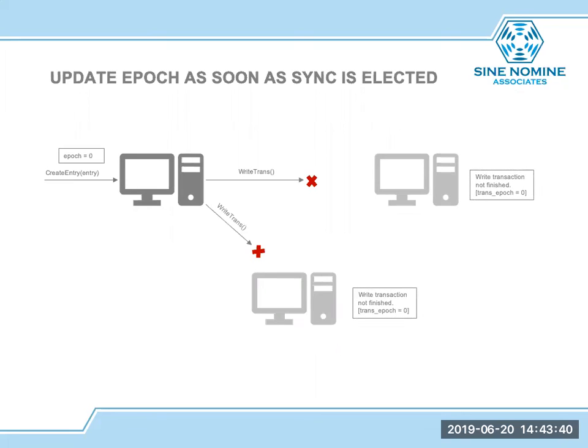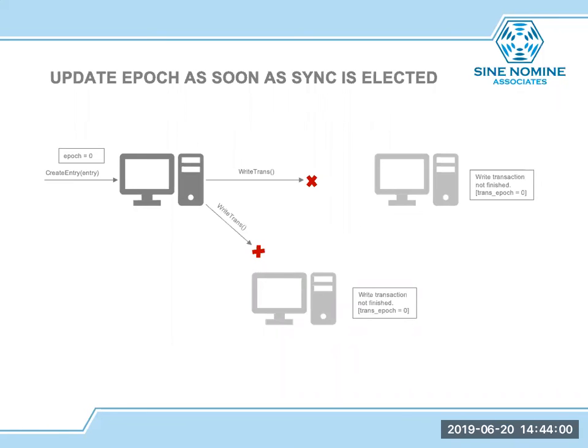Of course, the epoch of this transaction is going to be equal to 0 because this site was selected Sine site for the first time and didn't have the chance to finish this write transaction and update the epoch. So we have a write transaction here that did not finish with an epoch equal to 0, and a write transaction here that did not finish with an epoch equal to 0.